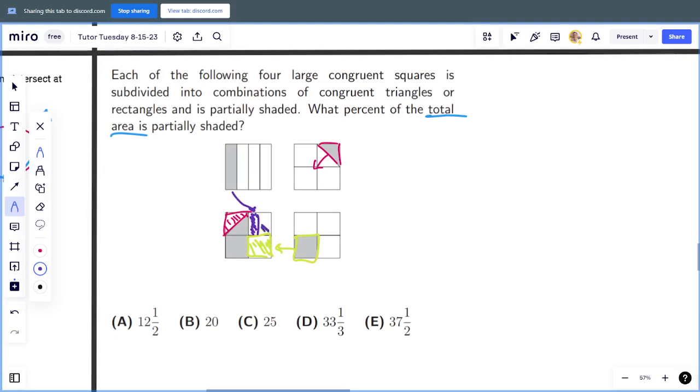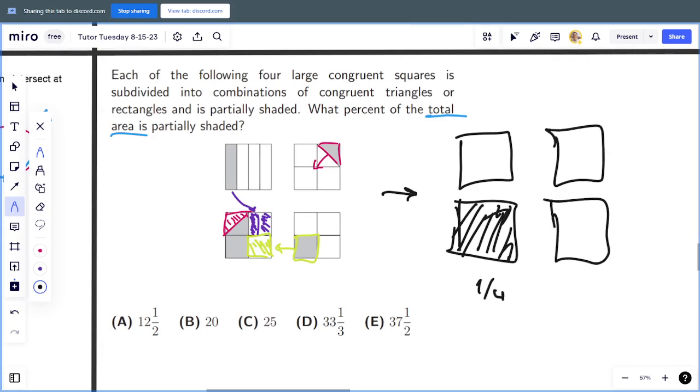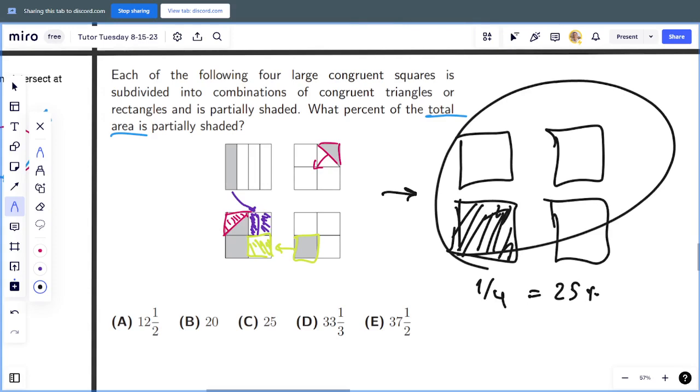Half of it will go here, half of it will go here. So in essence, when I fill everything up like this, we'll have one square that's fully shaded, and all the other parts that I moved will leave the other squares empty. Since they're all equal, it's literally 1/4 of the squares, or 25% of the total area is shaded.